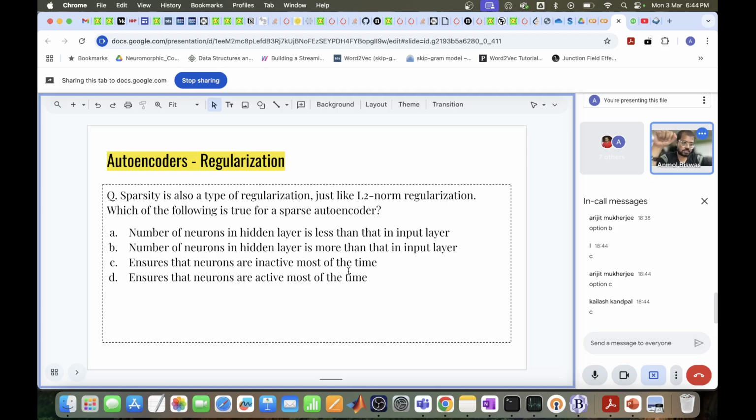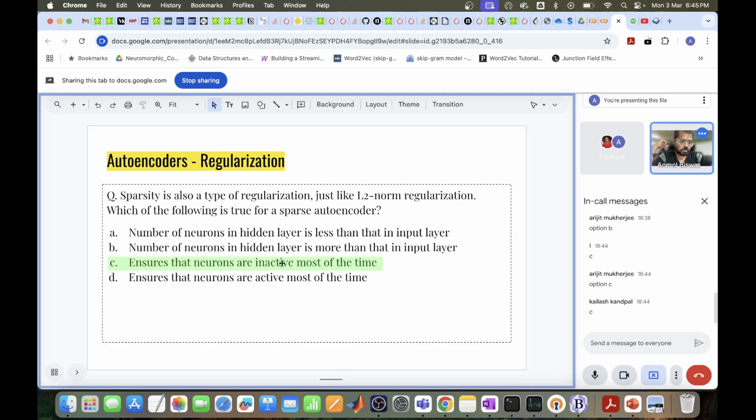They are not doing anything. So when you talk about a sparse autoencoder, it means that most of the neurons are inactive or zero valued most of the time. Only a few neurons are actually active, and that is what makes the autoencoder sparse. So option C is the correct one.